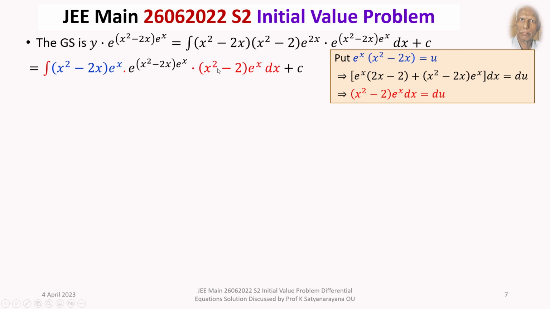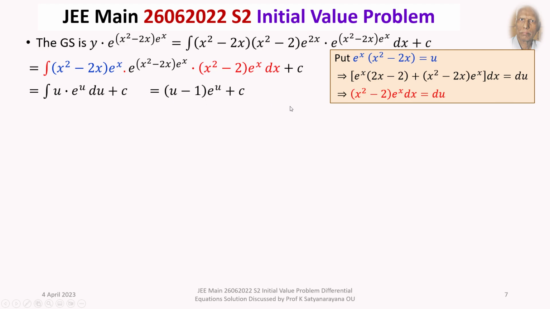And we know this red one is du, and the blue one is u, and e power u is also there. So, that will be equal to the integral of u e power u du plus c, and this is a standard integral: u into e power u is u minus 1 into e power u plus c.